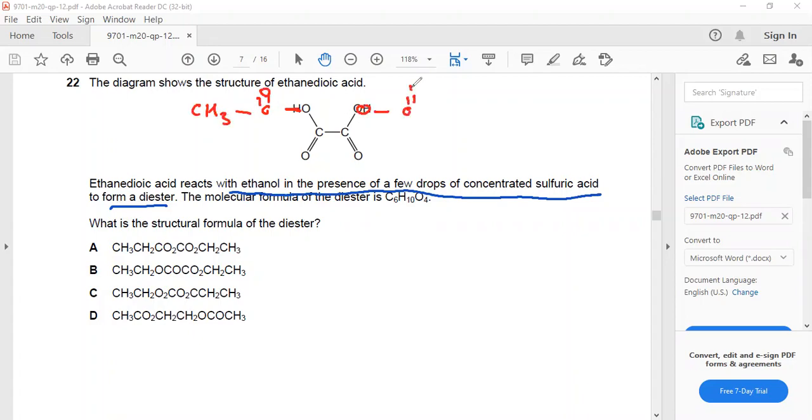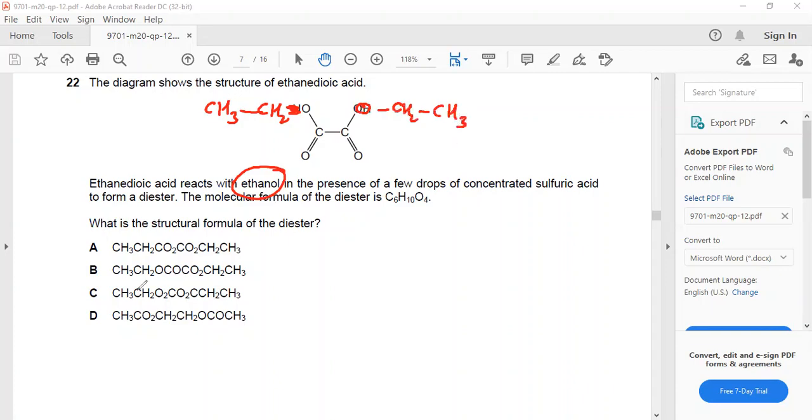Here H is removed from ethanol, and the ethyl group comes here. Okay.